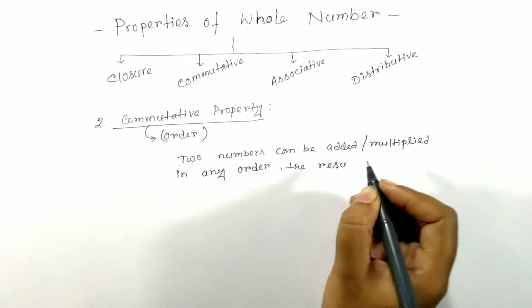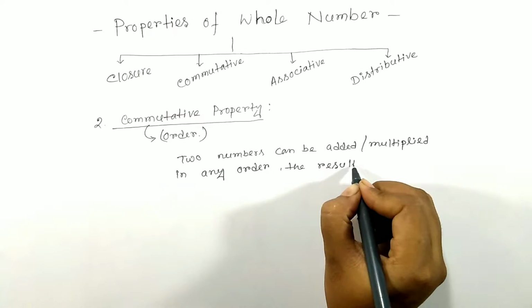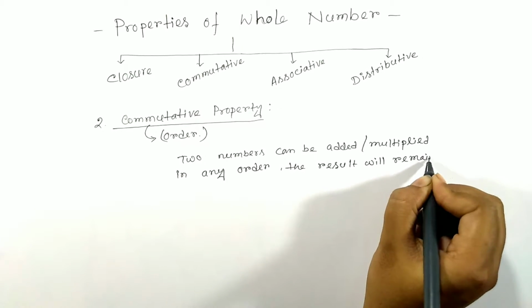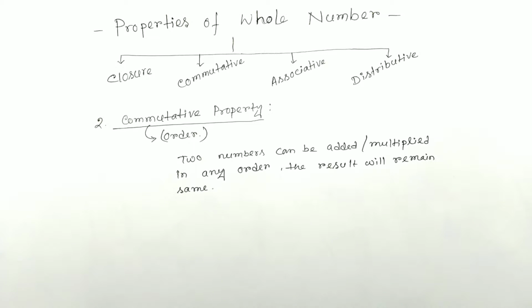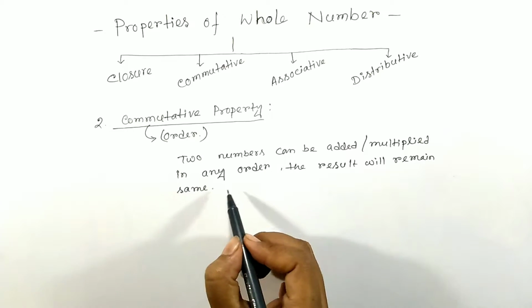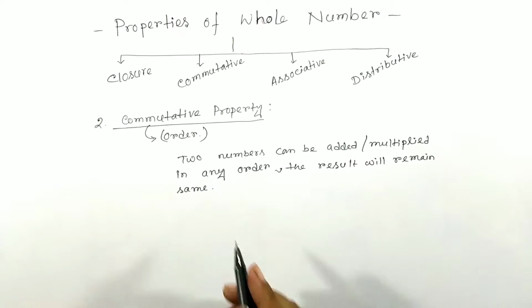The result will remain the same. So what does it mean? Two numbers can be added or multiplied in any order. The result will remain the same.